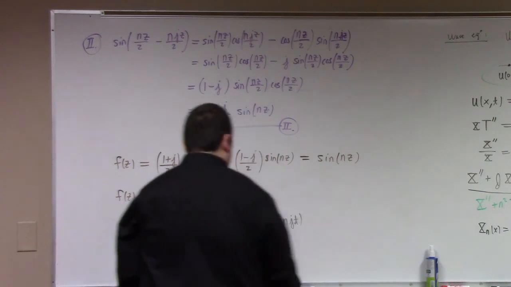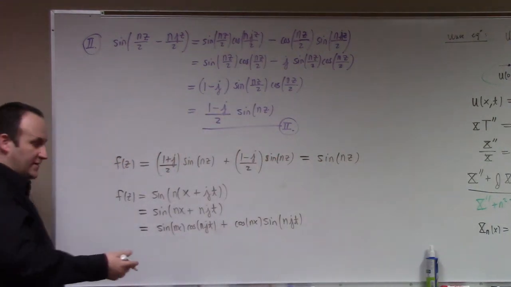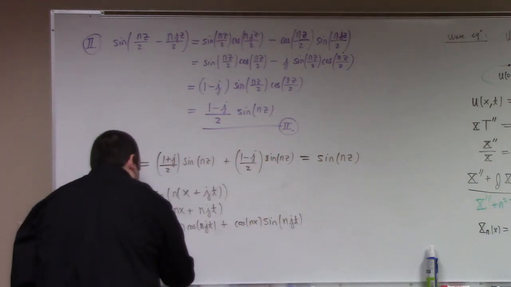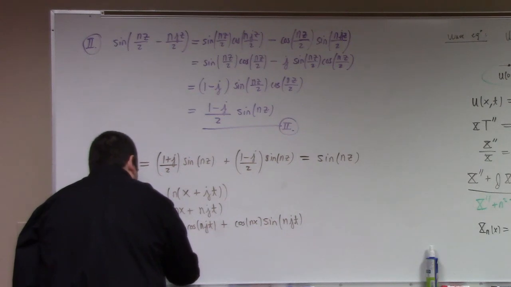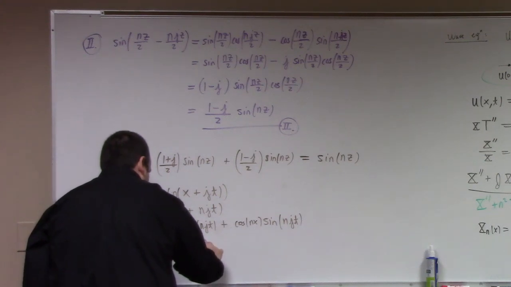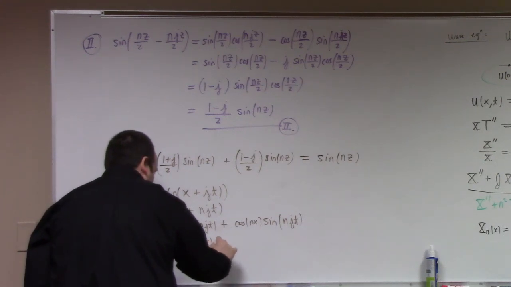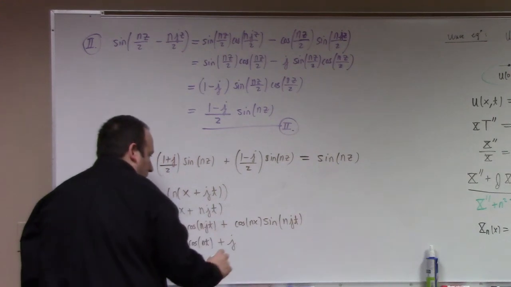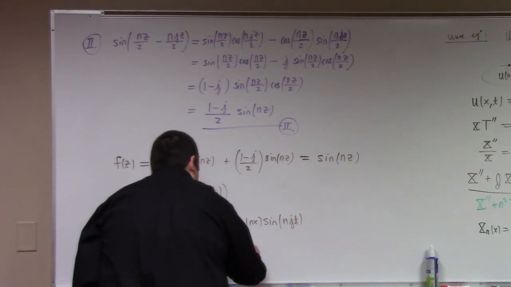But again, my pull out the j or absorb the j trick, identity, whatever you want to call it, we got ourselves a sine nx cosine nt plus j times the sine of nx.